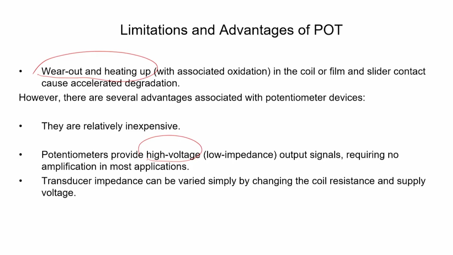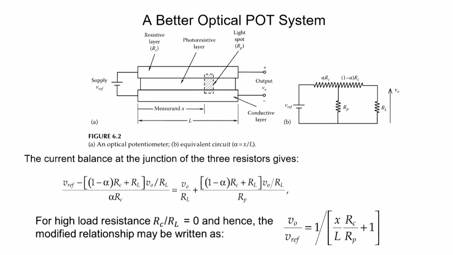The transducer impedance can be varied simply by changing the coil resistance and the supply voltage. This is typical of an optical potentiometer system. However, this needs an optical force to be present in the system. That is one of the problems with this system, an implementation problem.